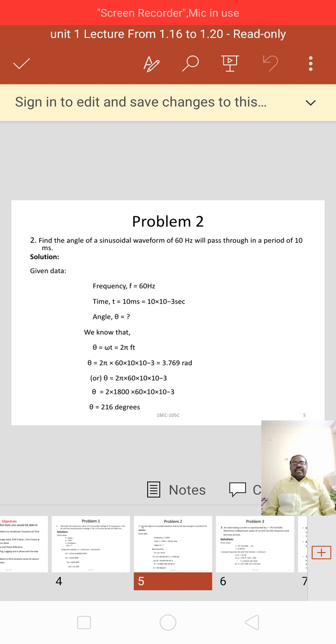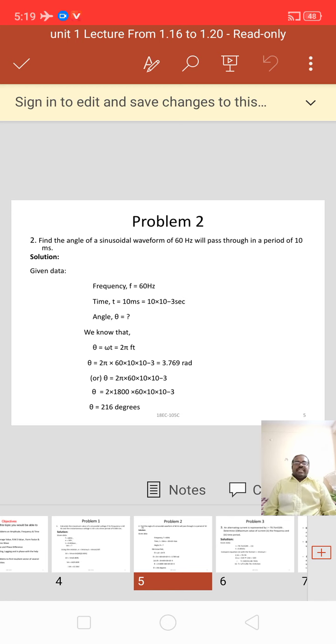We know that theta equal to omega t, that equals 2 pi f t. By placing the values of given data, theta equal to 2 pi into f value 60 into 10 into 10 power minus 3, that is theta equal to 216 degrees.